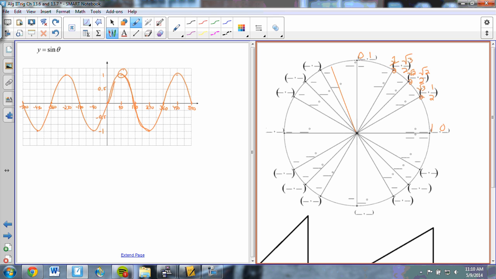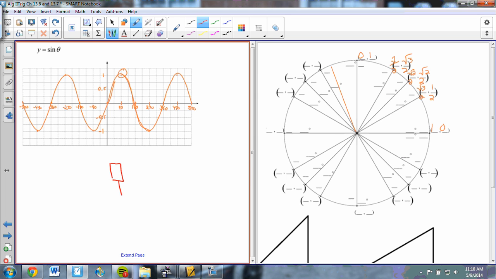One of the places where this is really useful, anything that has a circular action is going to be modeled with sine or with cosine. Like lots of robots or robotic things or machines, like your car. Your car's got a bunch of pistons that look like this. And there are little tiny explosions with gas that push those pistons up and down. And as those pistons move up and down, they're attached to a crank. And that crank is attached to something in your engine that eventually goes to your transmission.